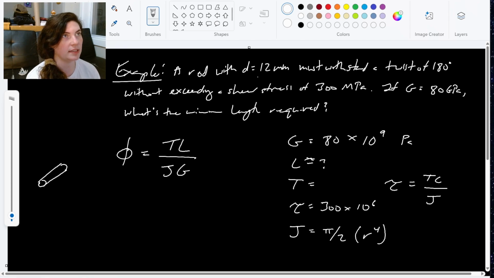So we can calculate this because it did give us our diameter of 12 millimeters. So our polar moment of inertia is pi over 2 times 0.006 to the 4th power. All I did was take my diameter, divide it by 2, so that gave me 6 millimeters, and then converting that into meters gives me the 0.006.